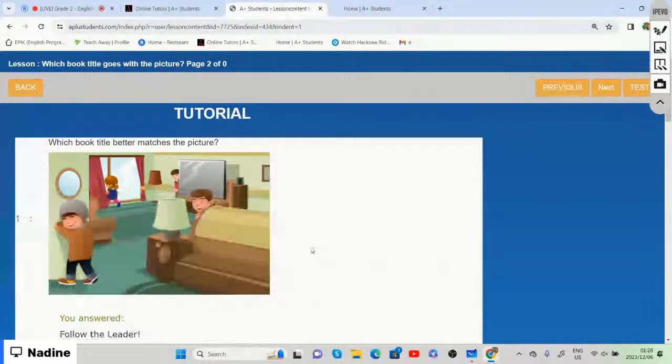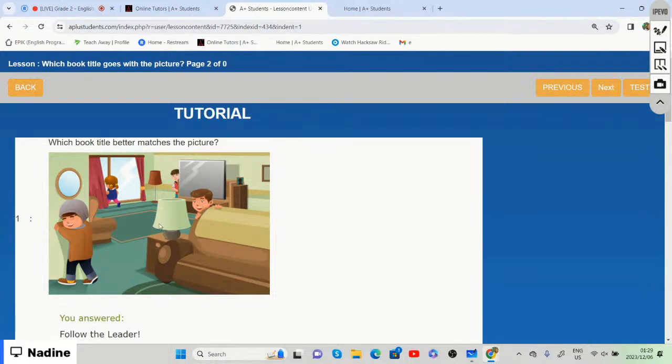All right. If you look at what the kids are doing, which book title better matches the picture, right?